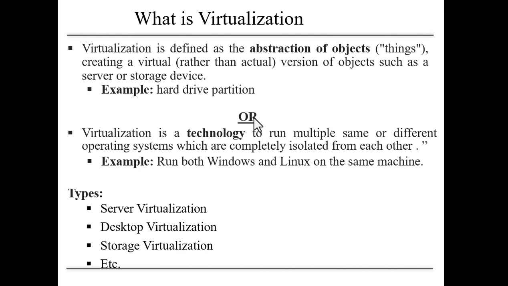Virtualization is a technology to run multiple same or different operating systems which are completely isolated from each other. For example, run both Windows and Linux on the same machine. For that, we install a virtual machine, and then multiple Windows operating systems can be installed, and virtual RAM and memory is assigned to each operating system.